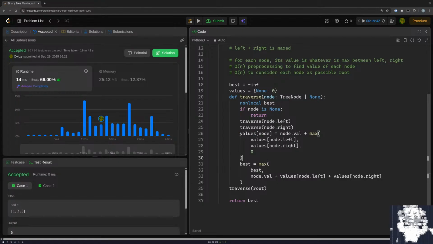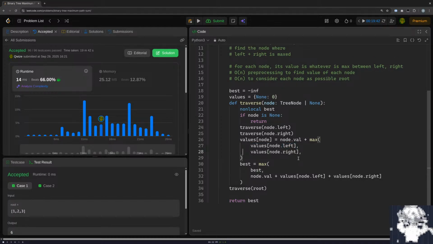The only time I use values here. That's what I'm trying to do with this 0 also.